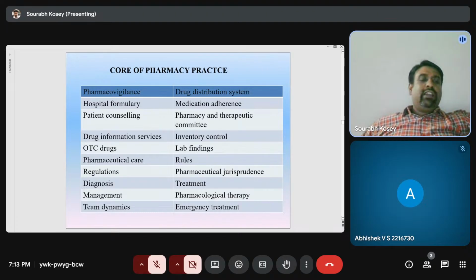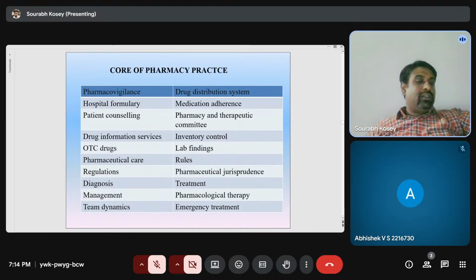Then you should know various laws and jurisprudence, like Schedule H1, the Drugs and Cosmetics Act, and Pharmacy Practice Regulations. Then you should understand the various types of diagnosis, like biochemical, hematological, and radiological examination, to confirm the diagnosis of the disease.